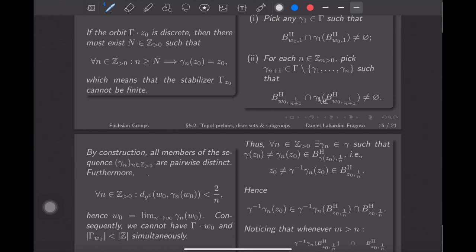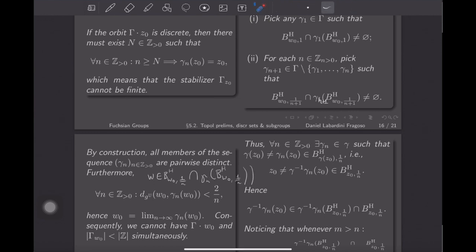So let's say W in B_H(W naught, 1 over n) intersect gamma n of B_H(W naught, 1 over n).